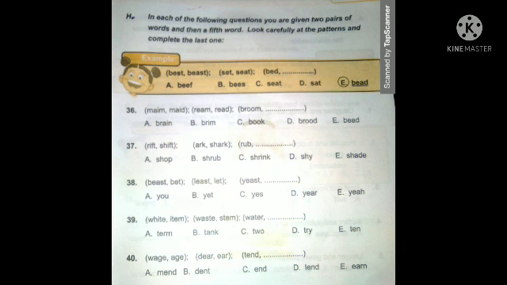Okay, moving to exercise 3, we have word pattern. The instruction says, in each of the following questions, you are given 2 pairs of words and then a 5th word.